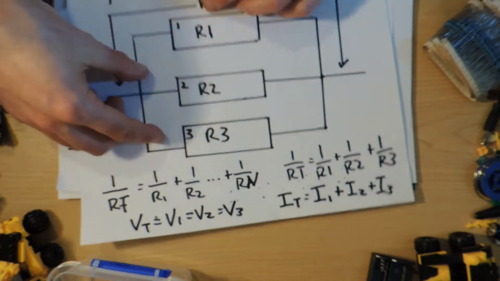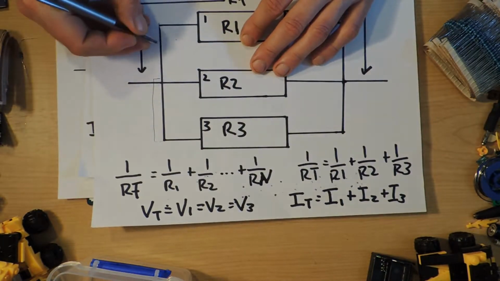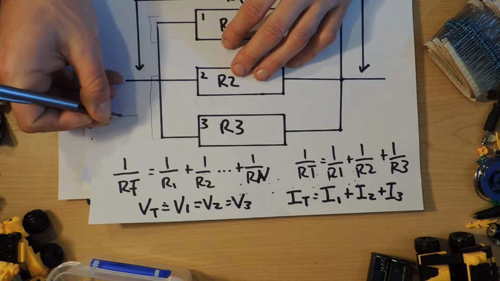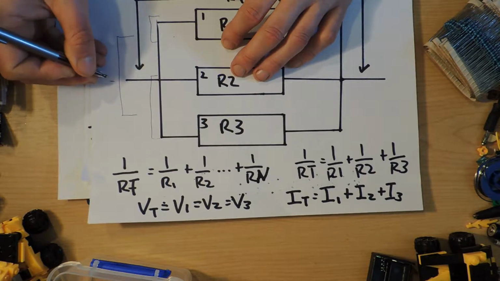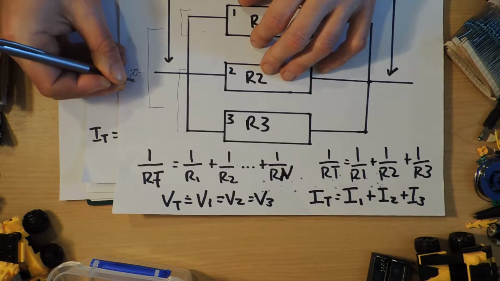Then you end up with 2 more, so you can calculate that to get your final RT, which is the result over here.